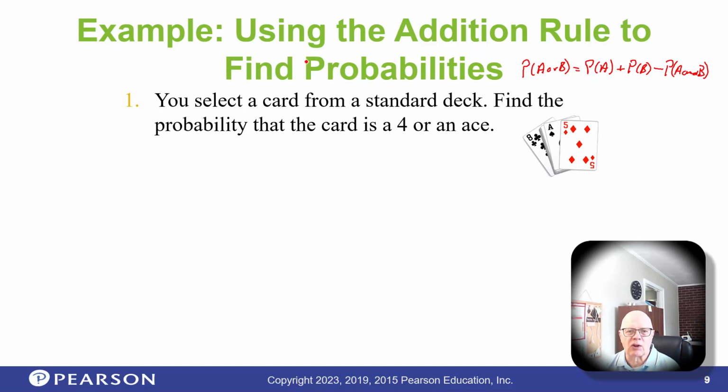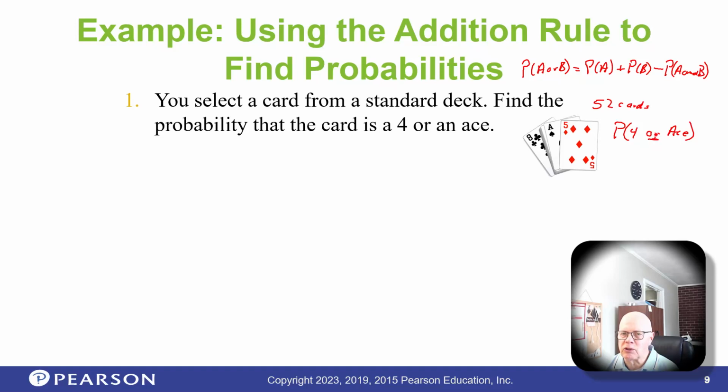All right, let's take a look. We've got a standard deck of 52 cards with no jokers. We want the probability that the card is a 4 or an ace. 4 or ace.